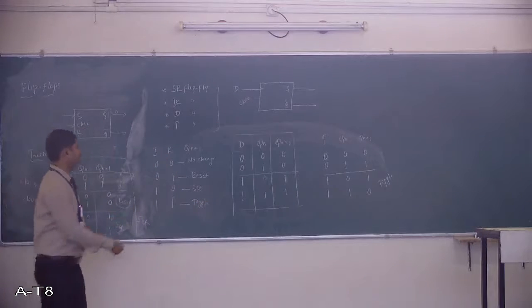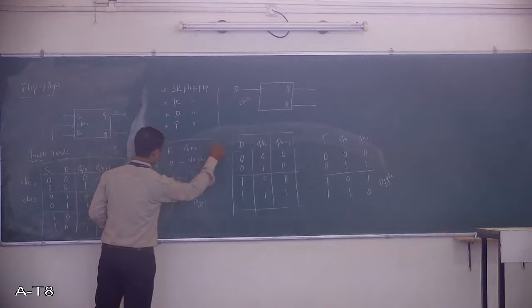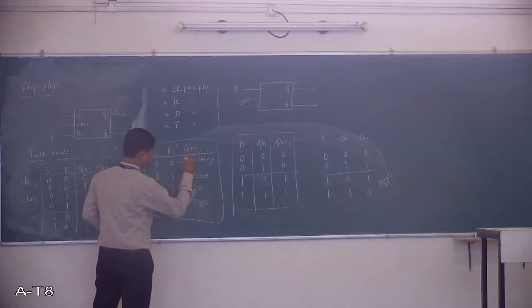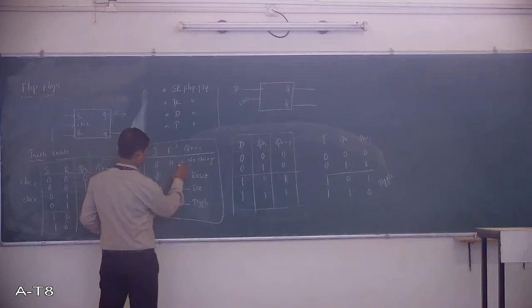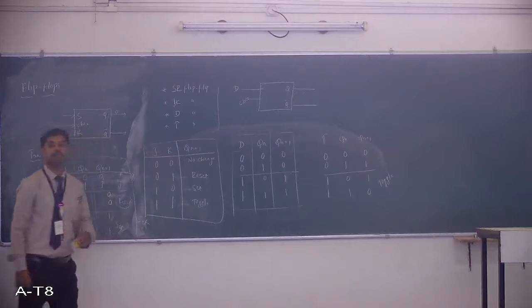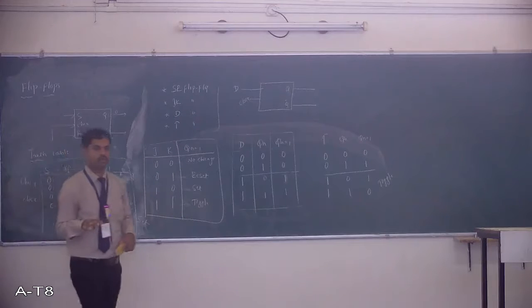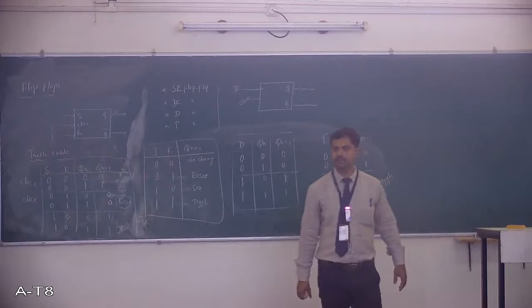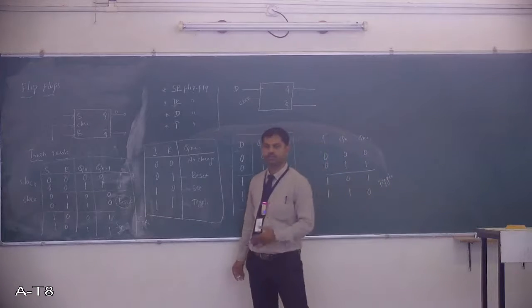This is the truth table of JK. One more very important flip-flop. We'll be using this in many circuits. If you understand the truth table right now, it's enough. And flip-flops are again very important devices. You have to remember them.